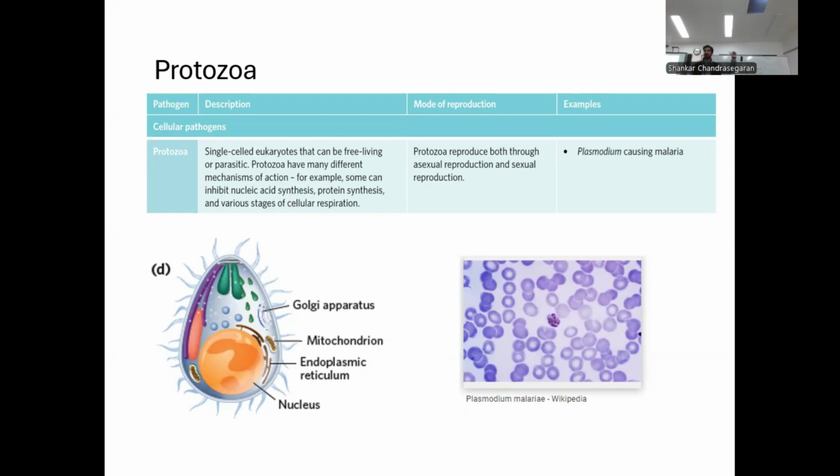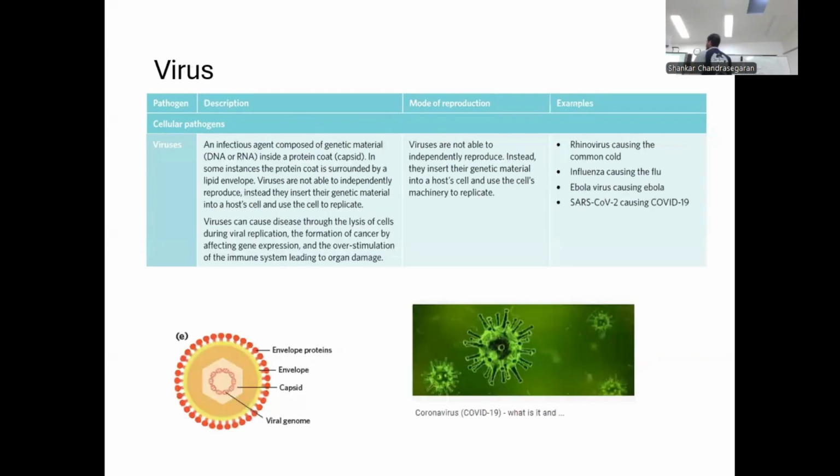So never get confused about what the vector is and what the pathogen is, because vectors are what bring it to the organism. A pathogen is what is causing that disease. So always know that.